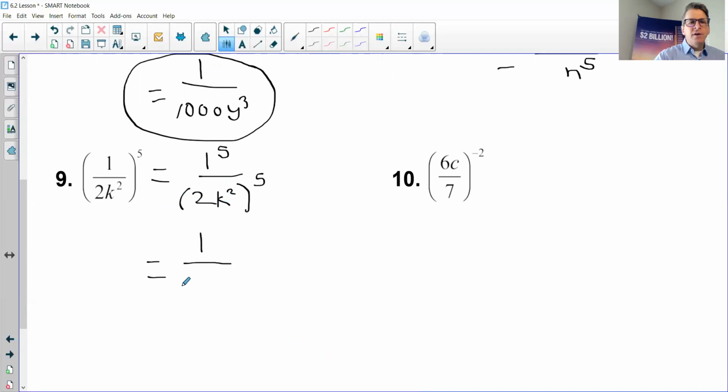So that's 2 to the 5th. And then you have k to the 2nd raised to the 5th power, and that is k to the 10th. Power to a power. So your final answer there is 1 over 32 k to the 10th.